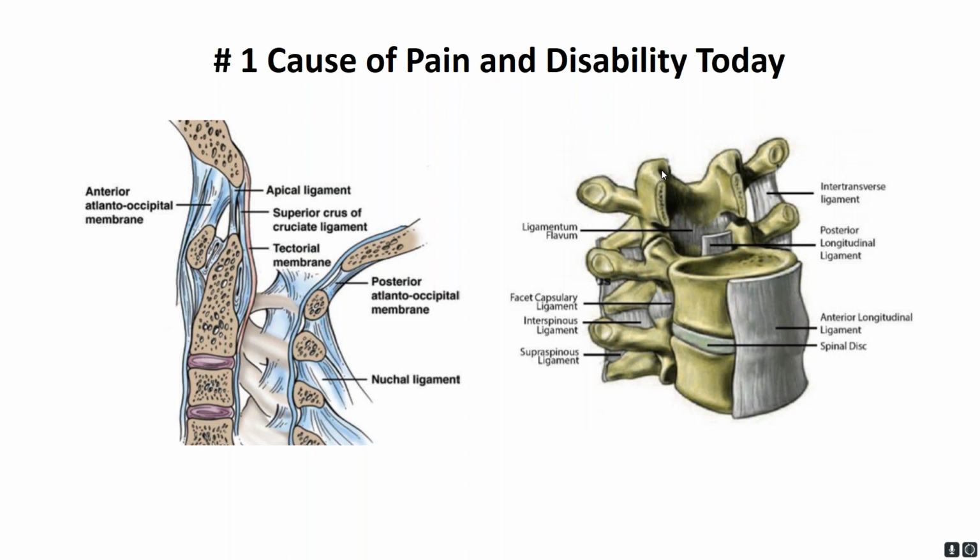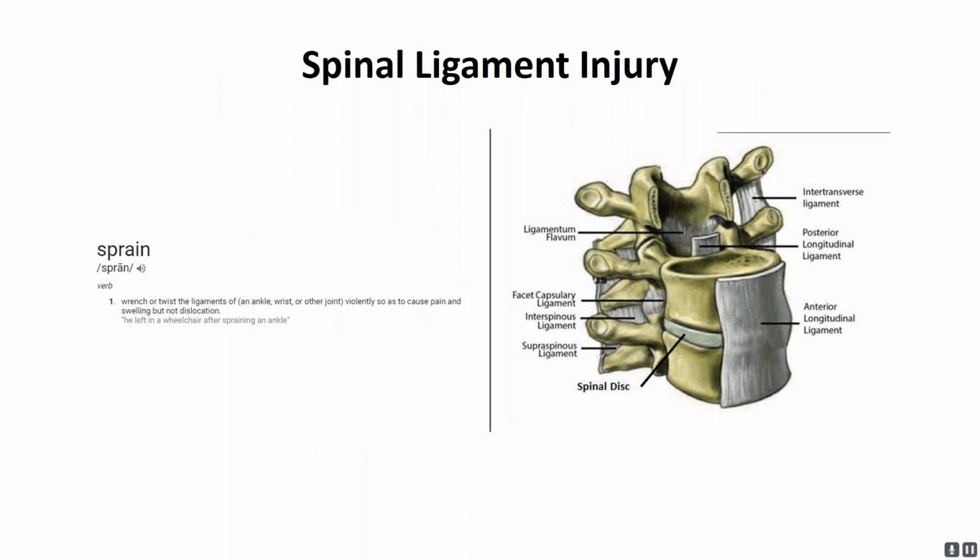Okay, perfect. So the number one cause of pain and disability today is a spinal ligament injury. It's a spinal ligament condition, right? So you can have an acute injury and you can also have a chronic condition that is resultant from that acute injury that's no longer considered an acute injury, but it's still a spinal ligament impairment. And a spinal ligament injury, you're all doctors, you all know it's called a sprain.